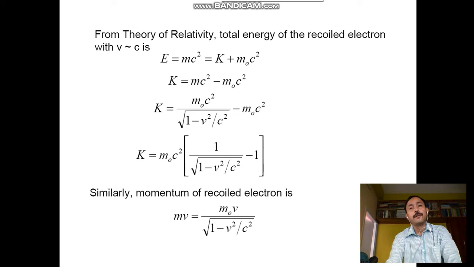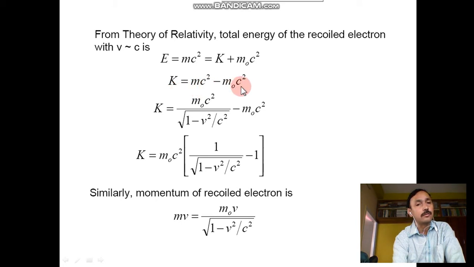From the theory of relativity, total energy of the recoiled electron with v, as you know, energy E is equal to mc square, which is equal to kinetic energy plus its rest mass energy m naught c square. So kinetic energy is equal to mc square minus m naught c square.